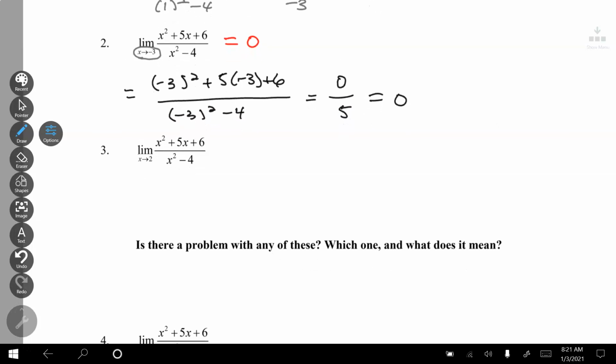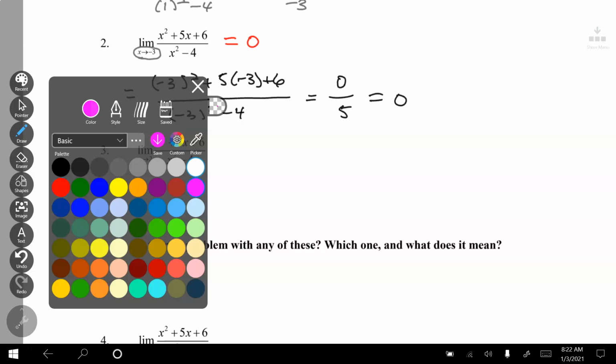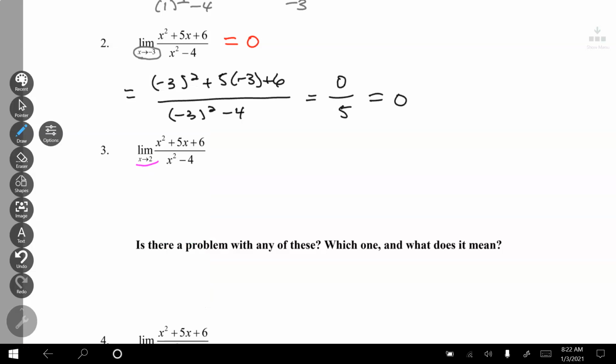Okay, let's go to the third one. I'm going to plug in 2. Oh, that's pretty bad. 5 times 2 plus 6 over 2 squared minus 4. Now when I do that, I get 20 divided by 0.